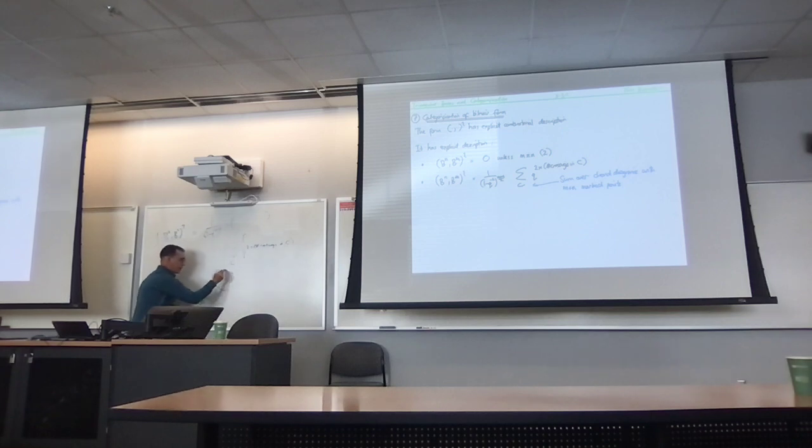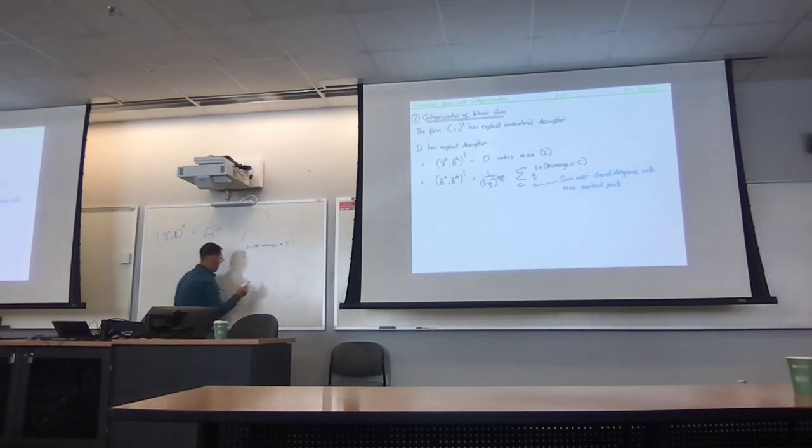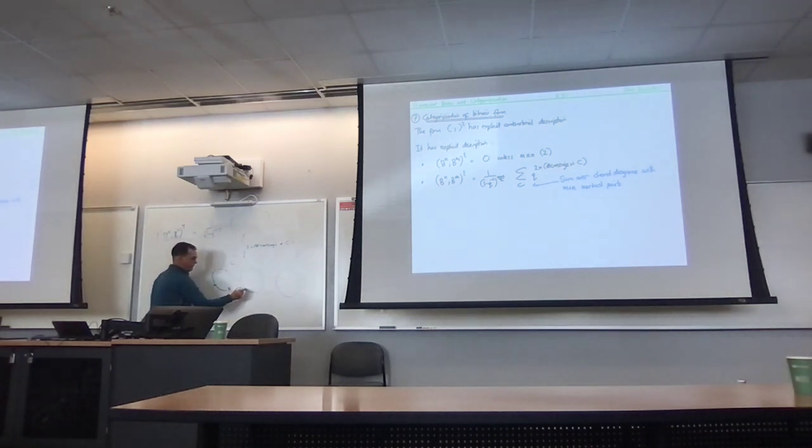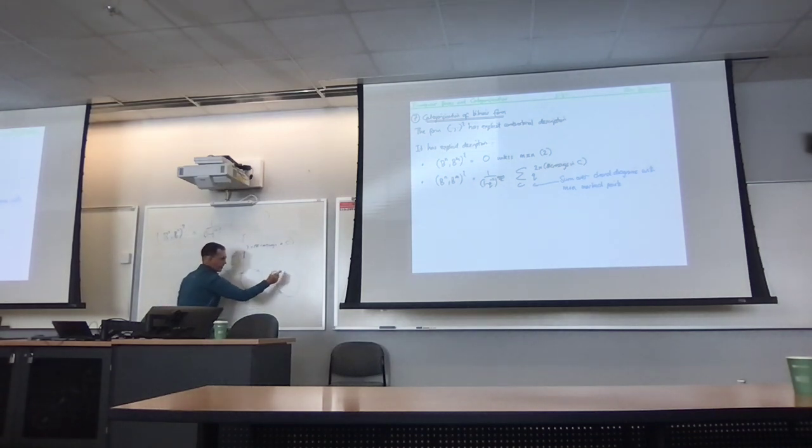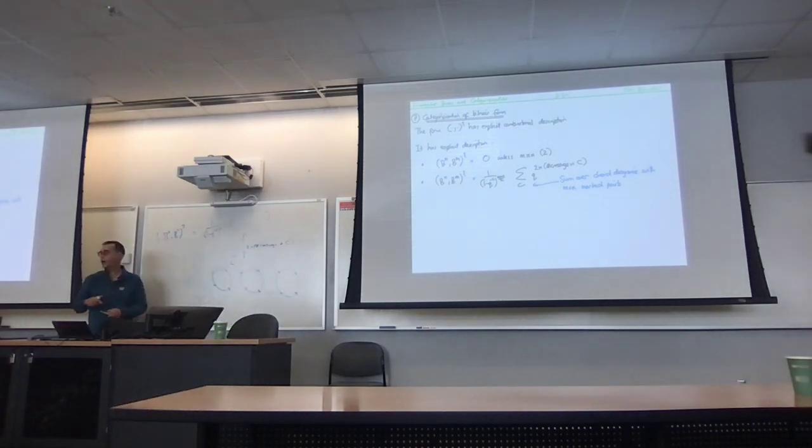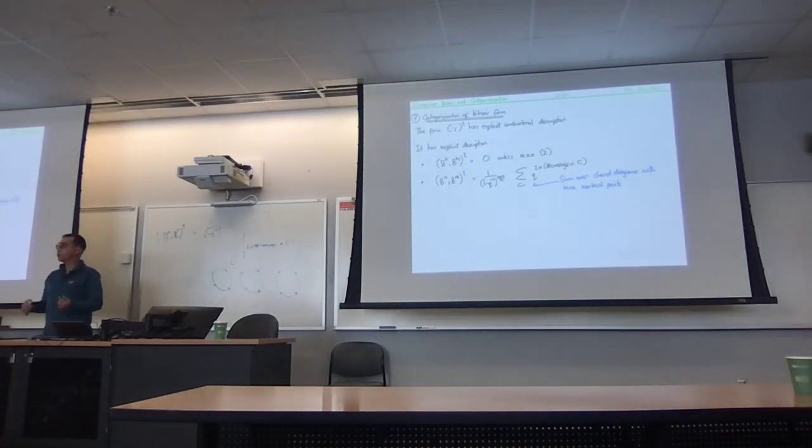So what's a chord diagram? This is somehow a classical thing. You take a circle and you put your 4 marked points, 1, 2, 3, 4. I'm not going to number them, but they're just points 1, 2, 3, 4. And then for a chord diagram, you just join those points up with chords. So what could I do?